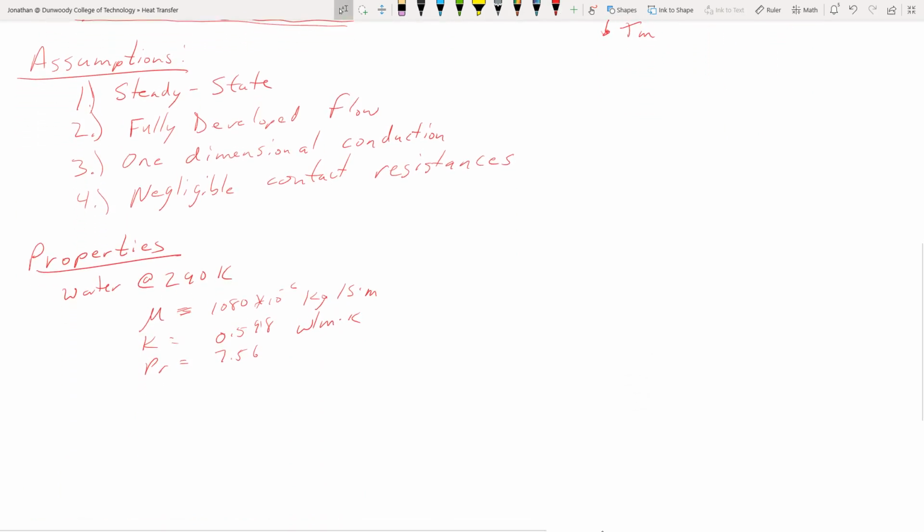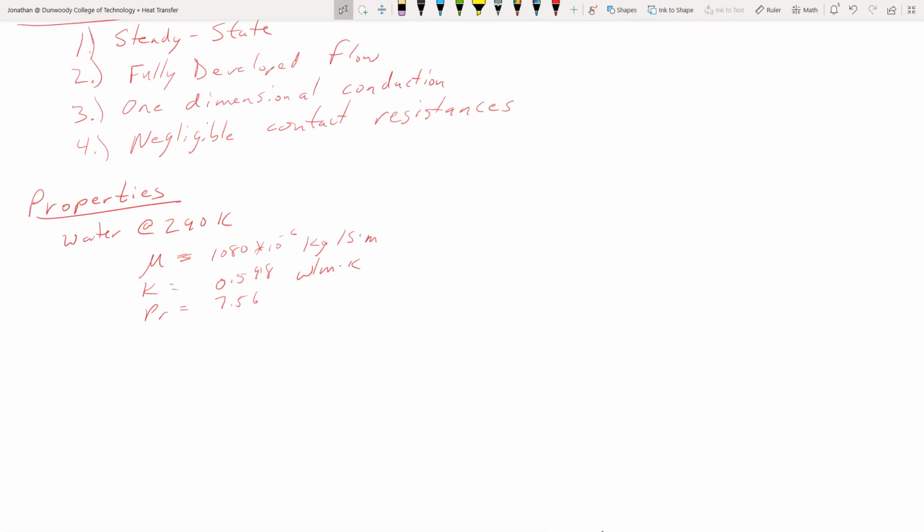All right. So looking at this, what do we have going on? Well, let's take a look. Let's first calculate our Reynolds number. So we have circular flow. What do we know? We have rho. Oh, I probably should have found rho up here.